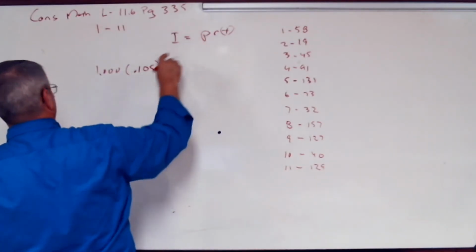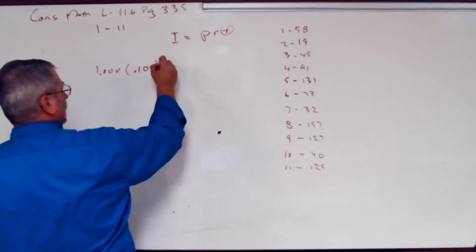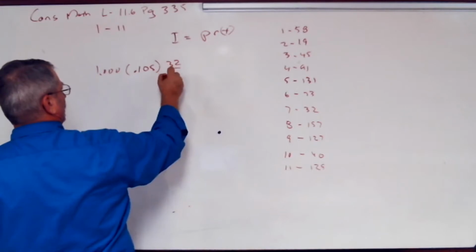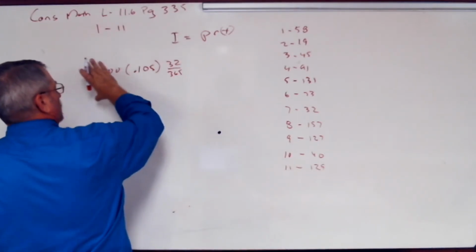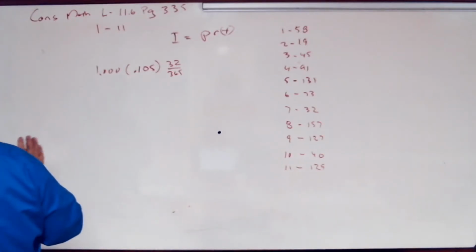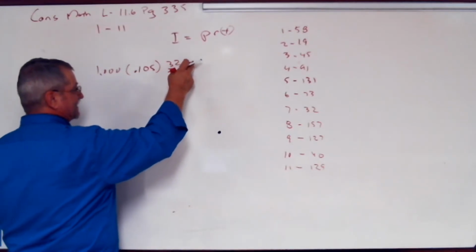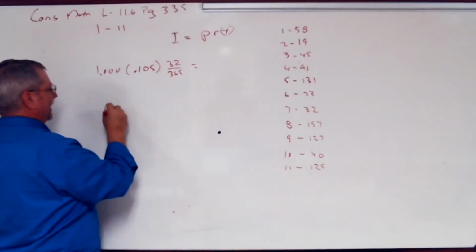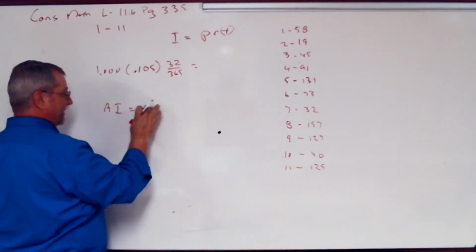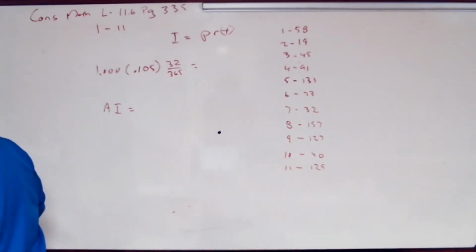The T, I told you for number 7, 32, so it's 32 over 365. You multiply this out. That is the accrued interest if you look down there. This answer is the accrued interest. Now, you have to find the selling price.